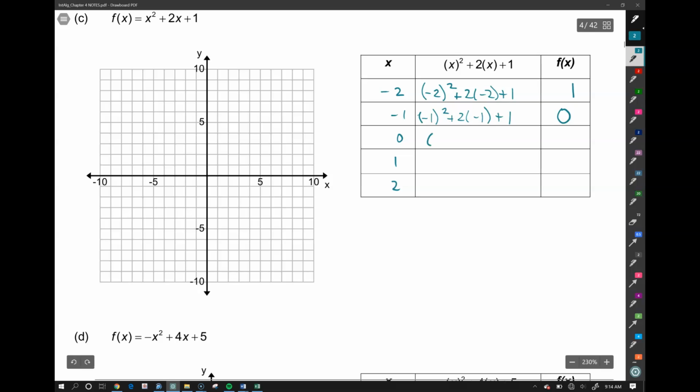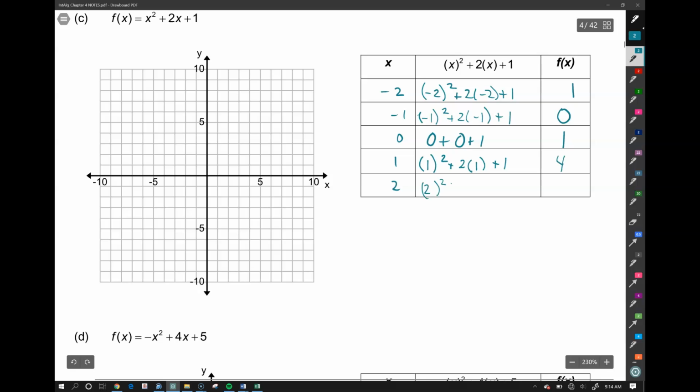If I plug in 0, plug in 1. So I want you to try plugging these in yourself.